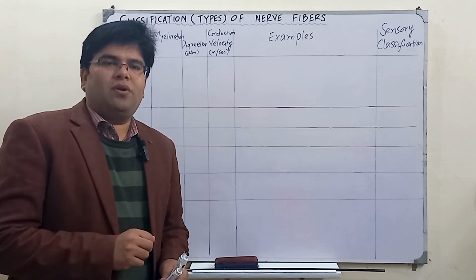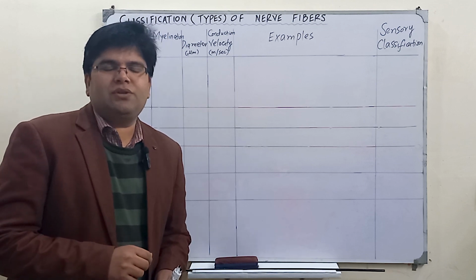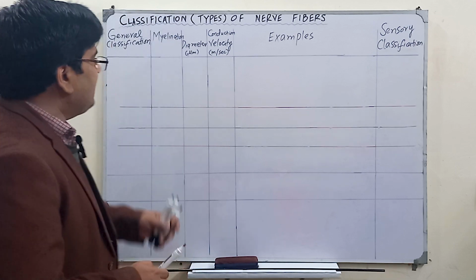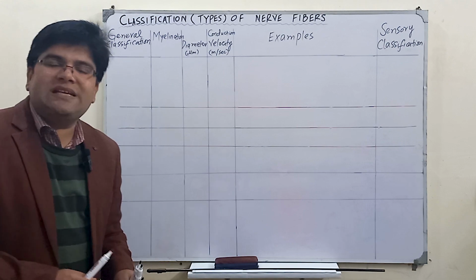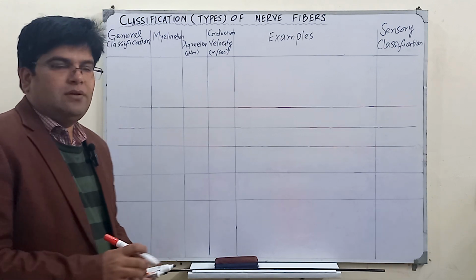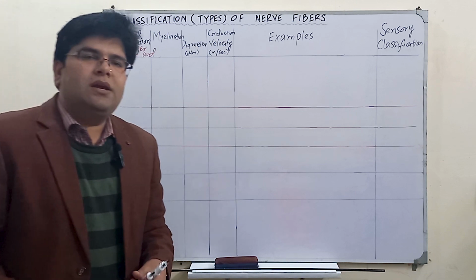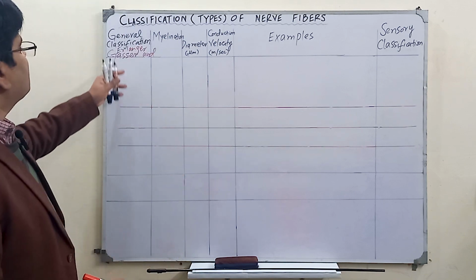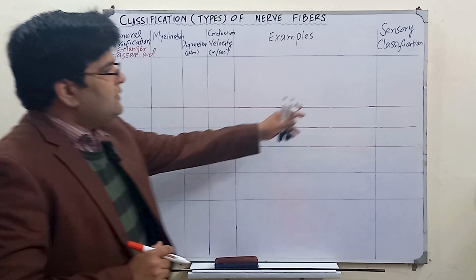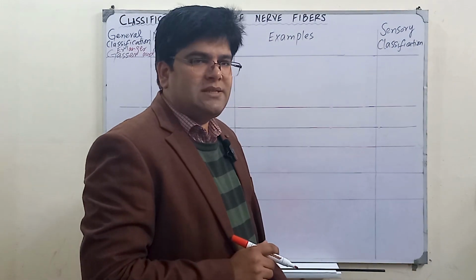There are two important ways by which we can classify nerve fibers. One is the classification called the general classification. It was described by Erlanger and Gasser, the general classification of nerve fibers. There is another one, which is called the sensory classification.